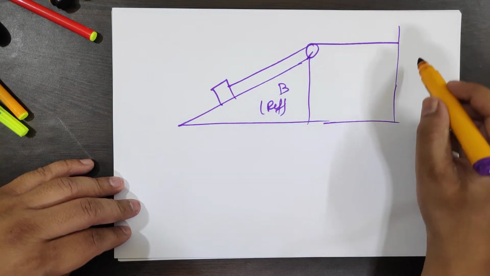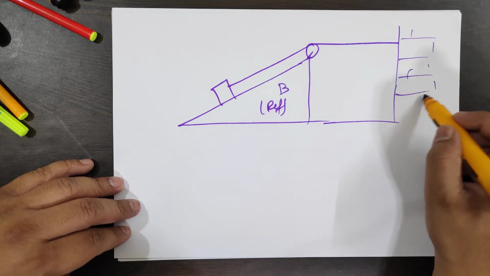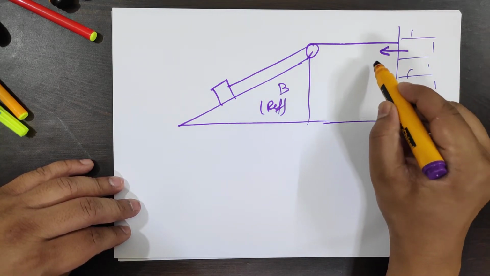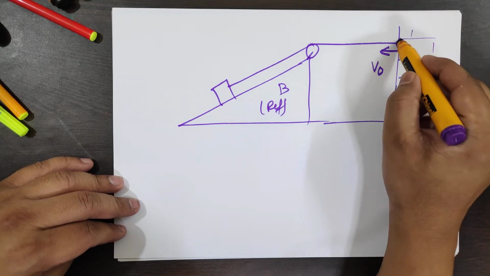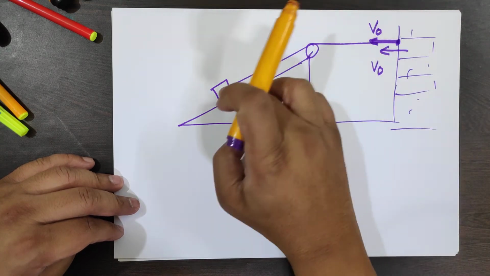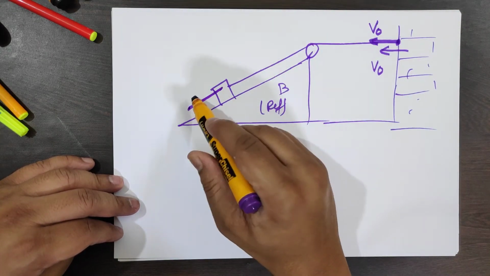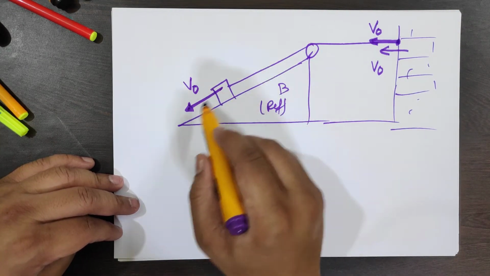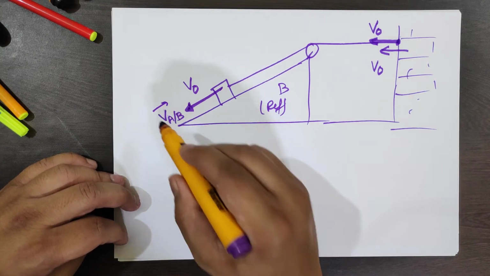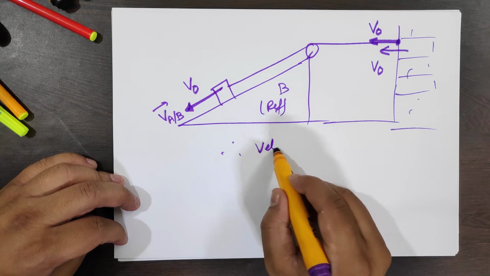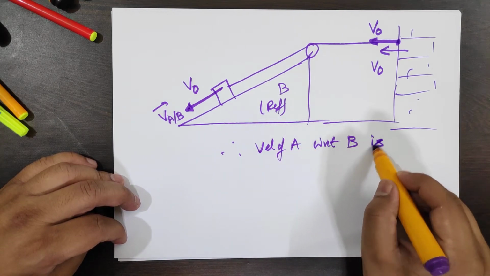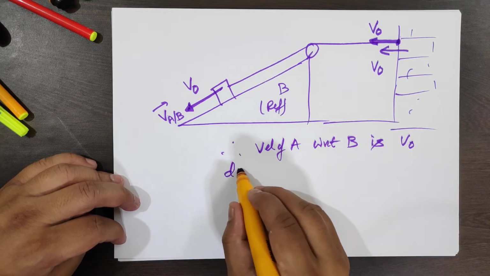Now with respect to wedge B, what happens? With respect to wedge B, the wall moves with a velocity V naught. So this end of the string moves with velocity V naught. Obviously, as the length of the string is constant, it will move at V naught. So this is nothing but velocity of A relative to B. So therefore, velocity of A with respect to B is V naught down the incline.